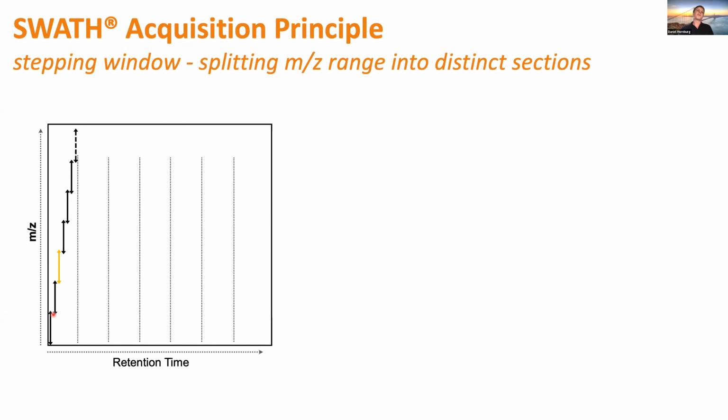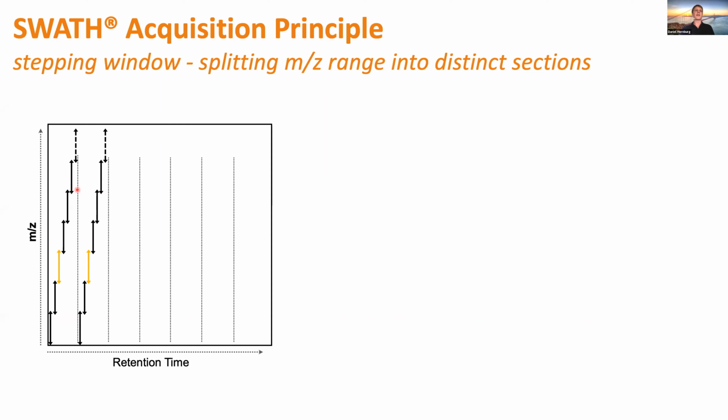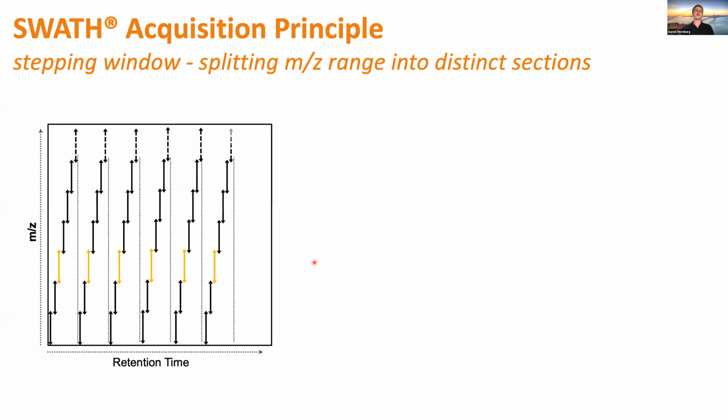And what we do is we split that M/Z range in separate windows, usually between 5 and maybe 20 M/Z, and we isolate all the precursors at any given moment and subject them to fragmentation to generate complex fragmentation spectra. And this is done step by step by step by step. So it looks like that. We basically step through the mass over charge range across the retention time.